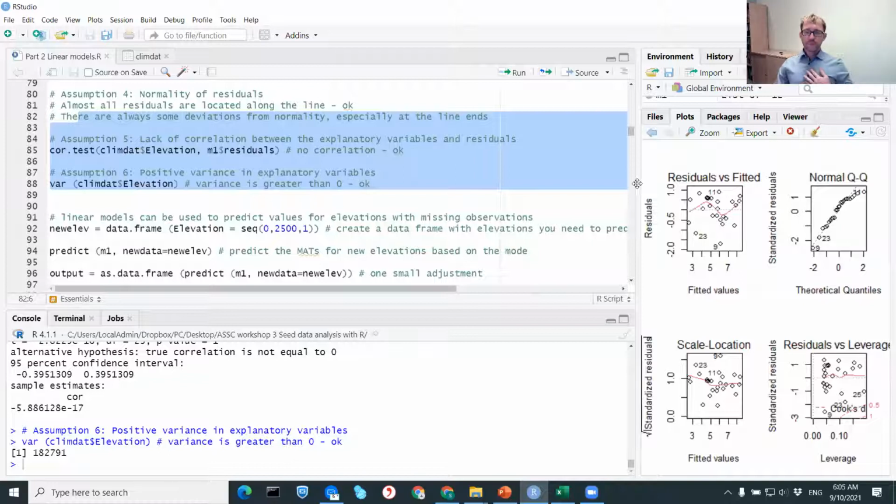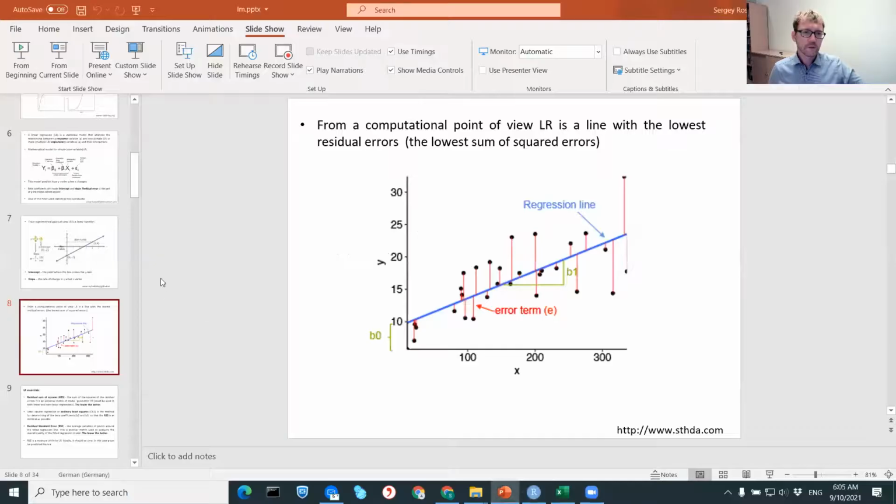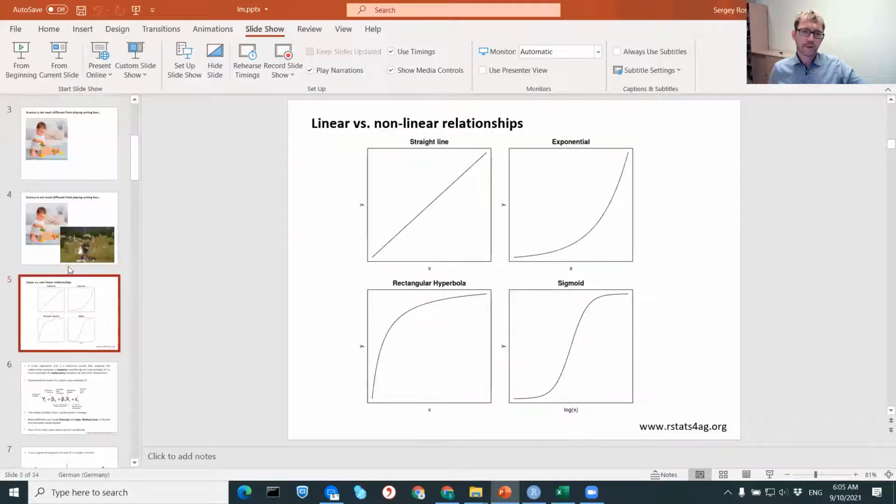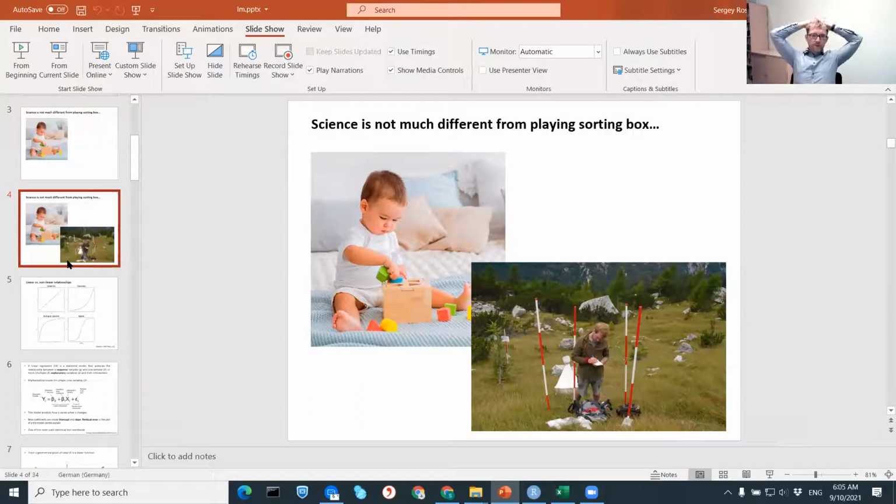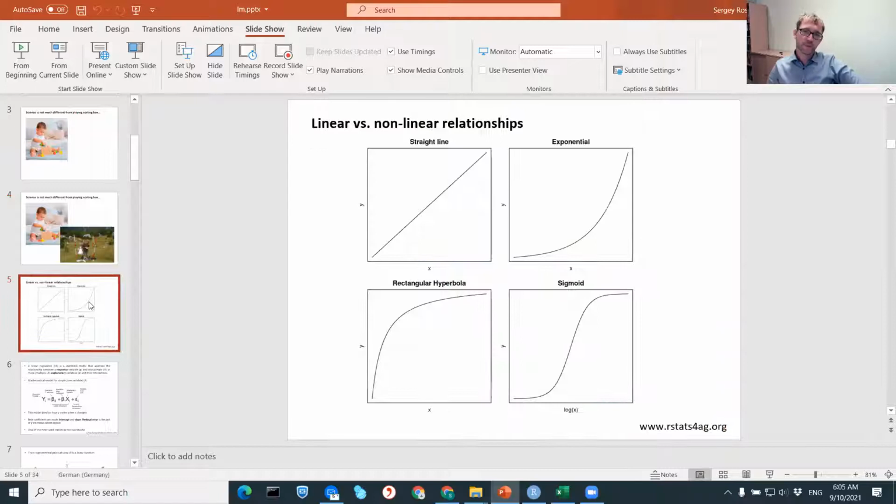Right. Probably one further function, kind of underused. So basically, when we talk about science, as a scientist in any field, I'm interested in two things. The first thing is that I want to describe the relationships in my data. For example, I wanted to find out whether elevation and mean annual temperature are indeed related to each other, right?